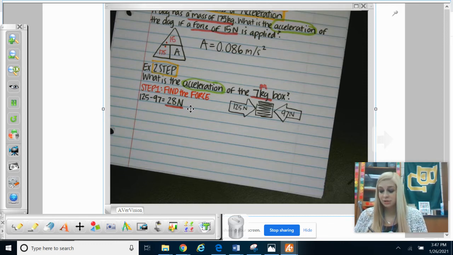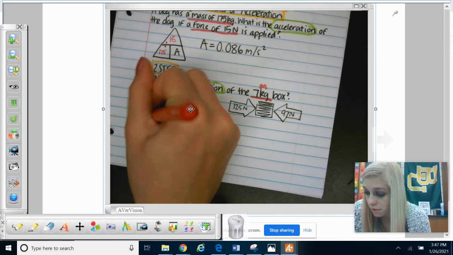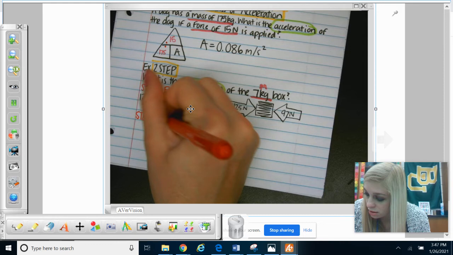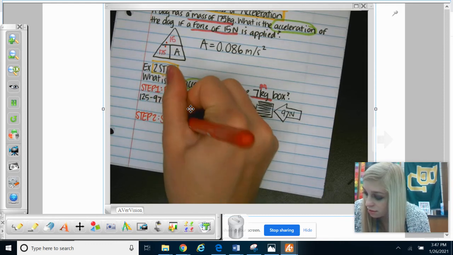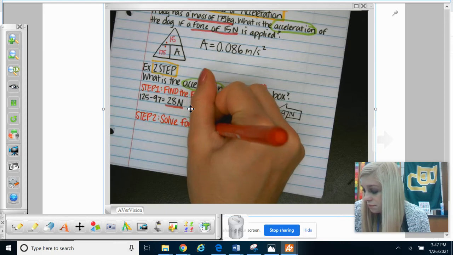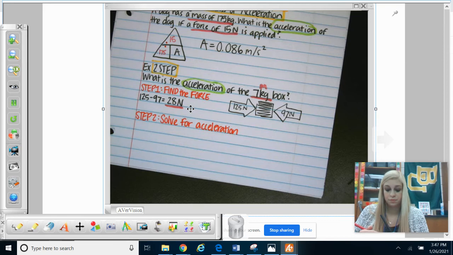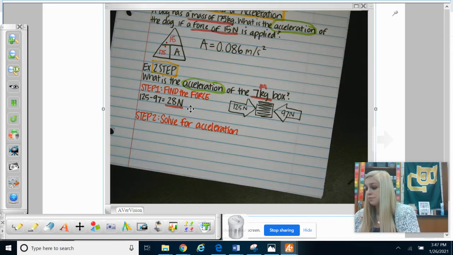So then step 2, you should already know what to do. Solve for acceleration. So if we're solving for acceleration, we need our triangle.